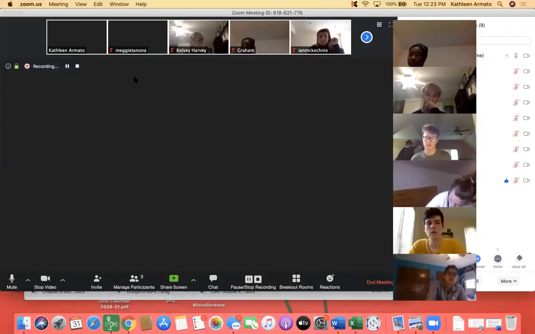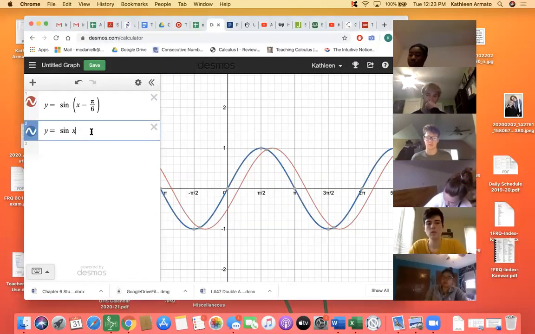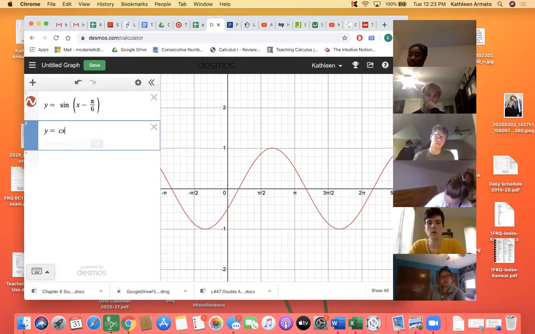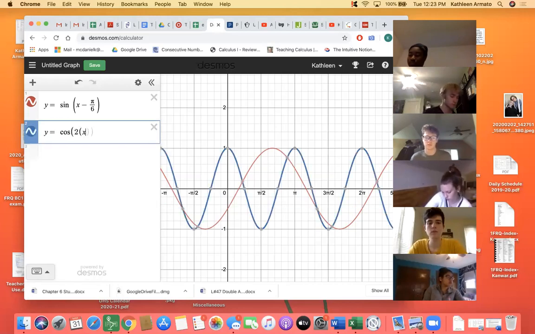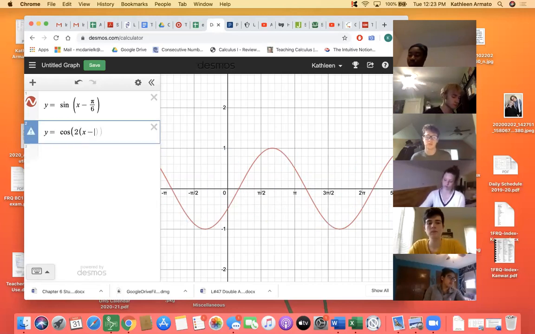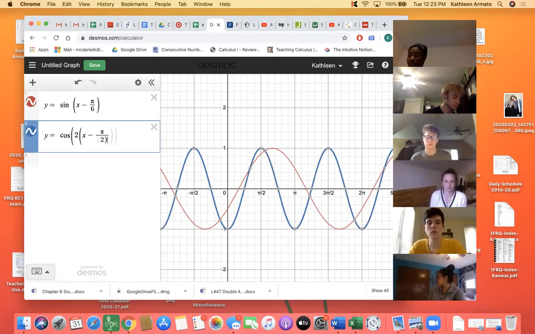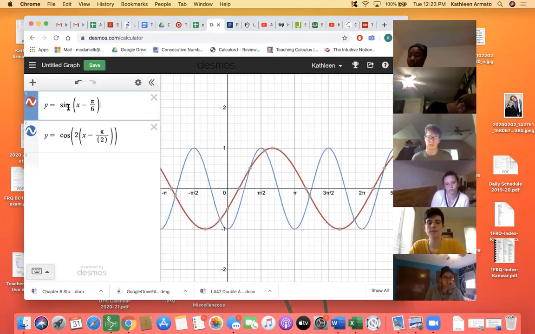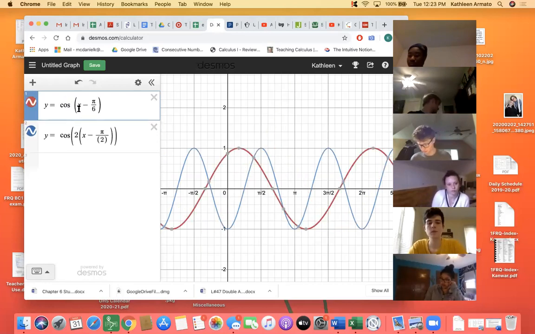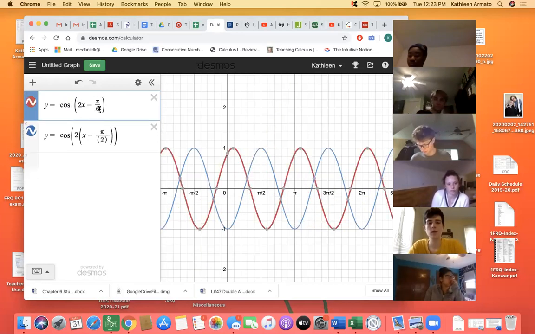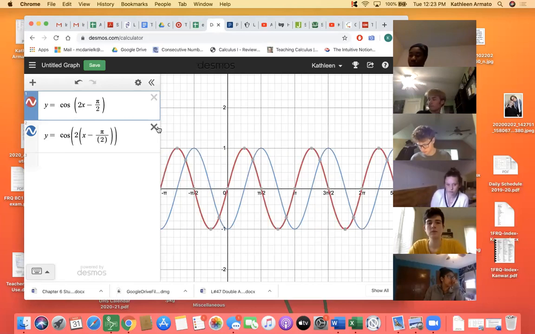So let's go back to Desmos. All right, so cosine of 2 times the quantity x minus pi divided by 2. And this we're going to make the cosine of 2x minus pi over 2.